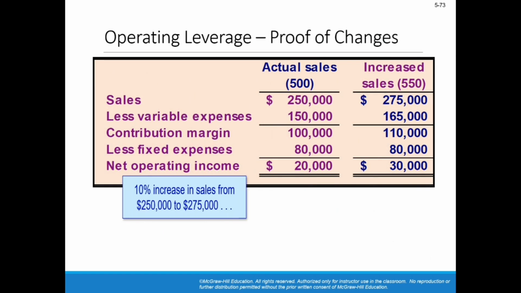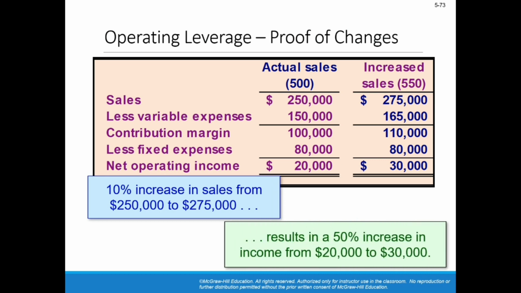So for example, actual sales increased from 500 to 550. We have an increase of 10%. So my sales increased by 10%, and I can compute my degree of operating leverage as CM over net operating income, which is, this is the CM and this is the net operating income. So obviously it's 100,000 divided by 20,000.